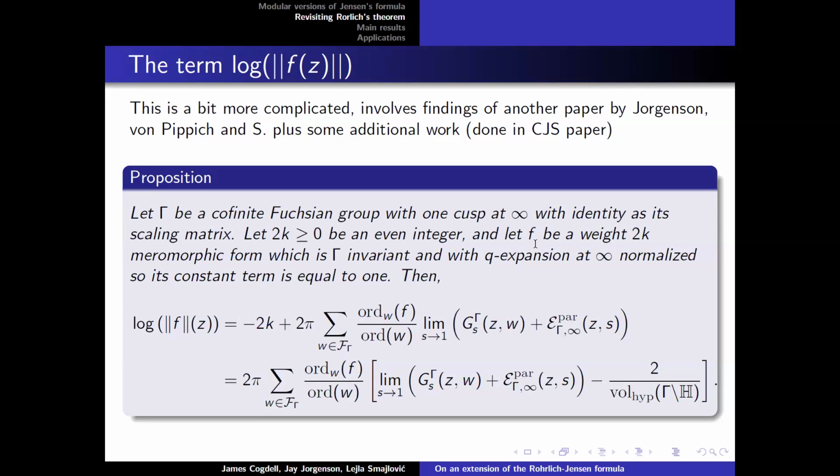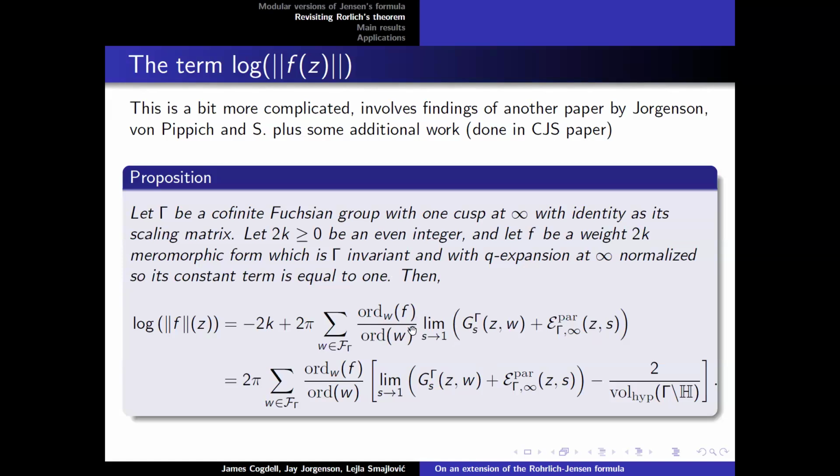And let f be this weight 2k meromorphic form, Γ invariant, with Q expansion at infinity normalized, so the constant term is equal to 1. So this is the same meromorphic modular form as before, but the result says that the log norm actually is minus 2k plus the sum over the divisors of f of what I will call prime forms.